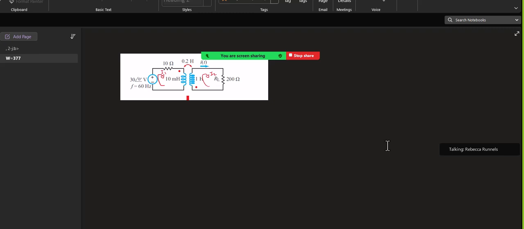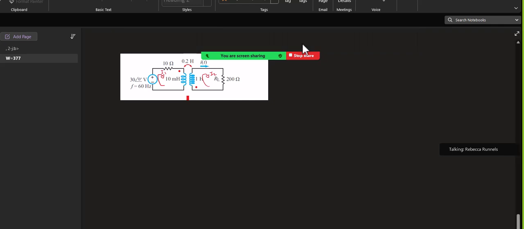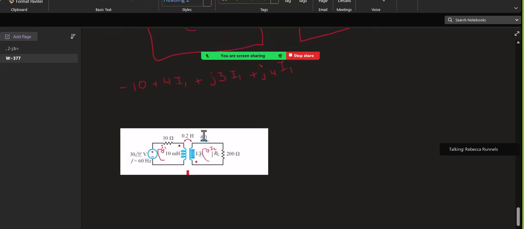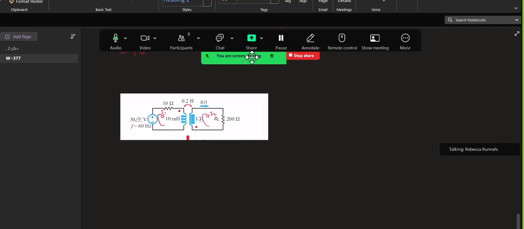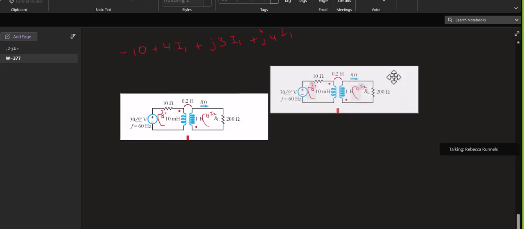There's a frequency. While we're getting started on this, if anybody has free time and a calculator, if y'all wanted to be getting the phasors of the impedances, that would be useful.